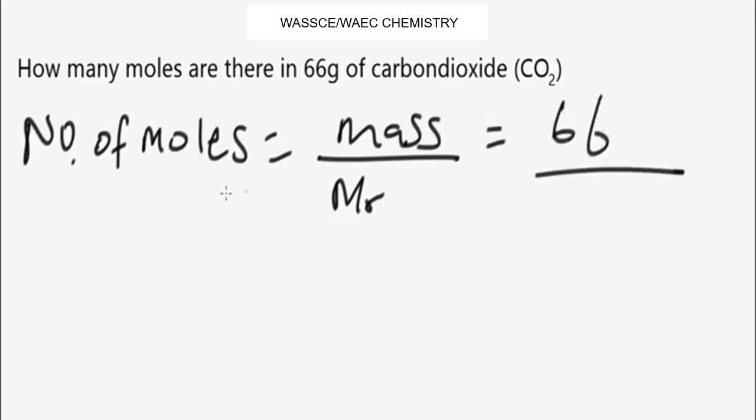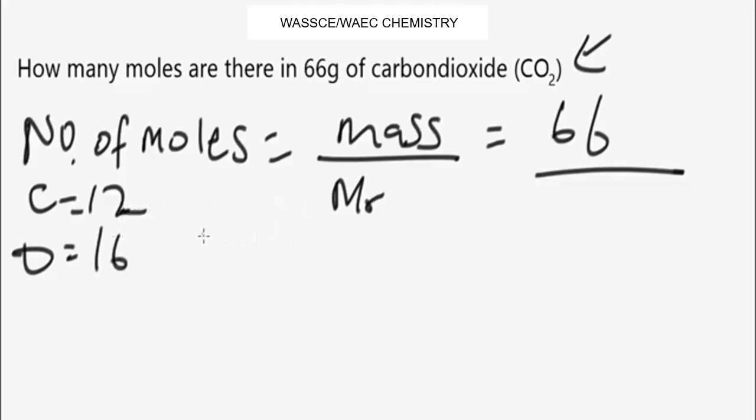Now, to calculate the relative formula mass, we add all the relative atomic masses of the atoms in this compound of carbon dioxide. The relative atomic mass of carbon is 12, and that of oxygen is 16. When you add them, it gives us 12 plus 16 times 2, since we have 2 atoms of oxygen here.